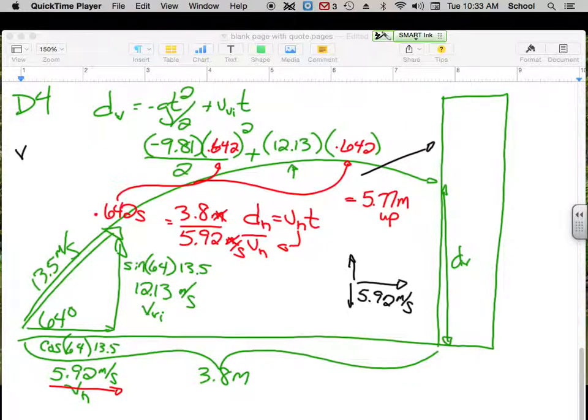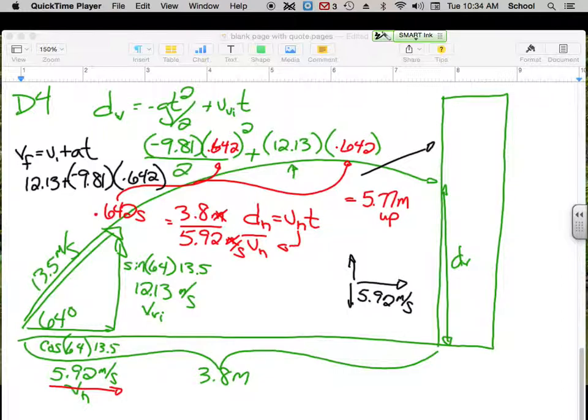Well, again, all I have to do is say VF equals VI plus AT. So I know my initial velocity vertically was the 12.13. I know my A is negative 9.81, and a minute ago we figured out the time was 0.642. So if I get a positive velocity here, then I'm still going up.